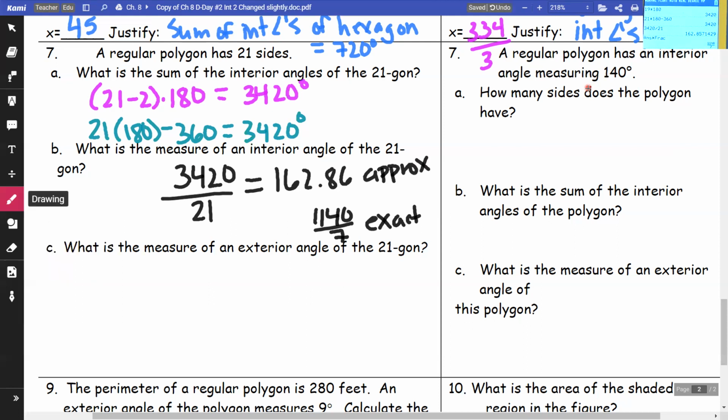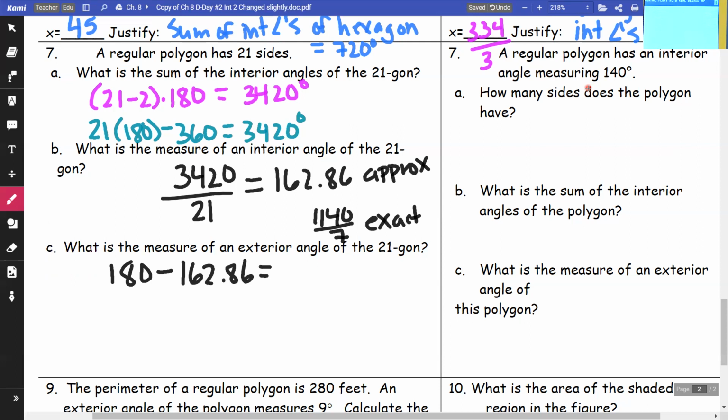What is the measure of an exterior angle? I can do 180 minus the answer I just got. If I have it rounded, it's that, but I'm going to have it in my calculator.